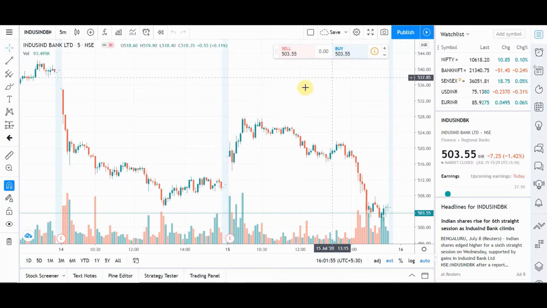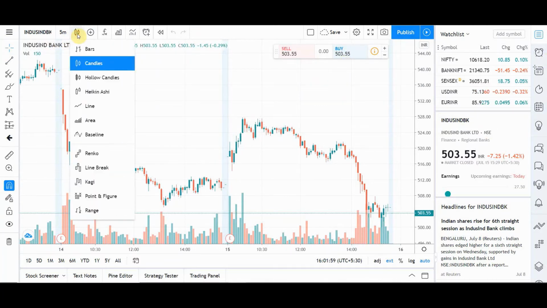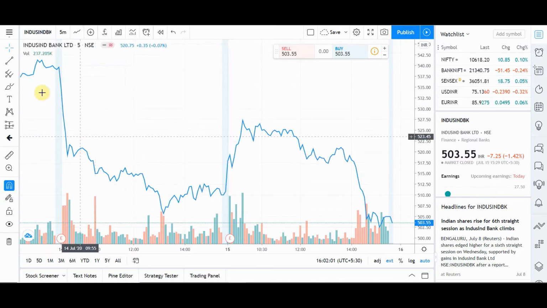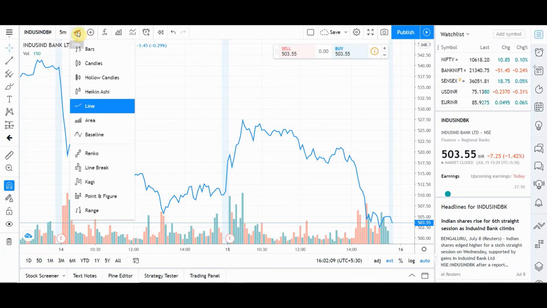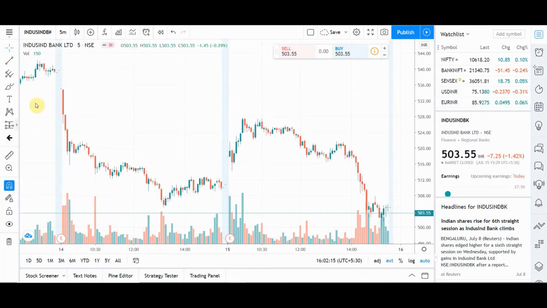Some of you, while opening the TradingView website, will face a problem, because the website will be loading in line chart. By clicking the option here on the top, you will be able to change it into candlesticks. The candlesticks are very easy to read and to analyze for trading.